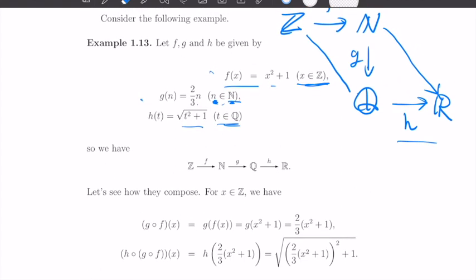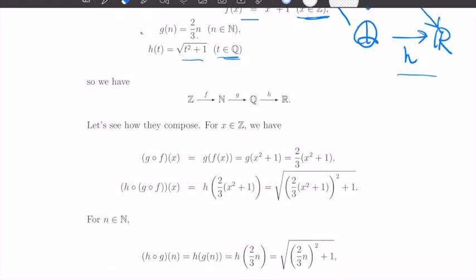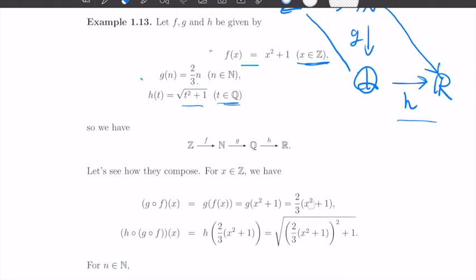So the range of this function is a subset of natural numbers, so this is okay. And the result of this should be a rational number because x is an integer. So integer plus 1 is an integer, and that is multiplied by 2 and divided by 3, so it's a rational number.